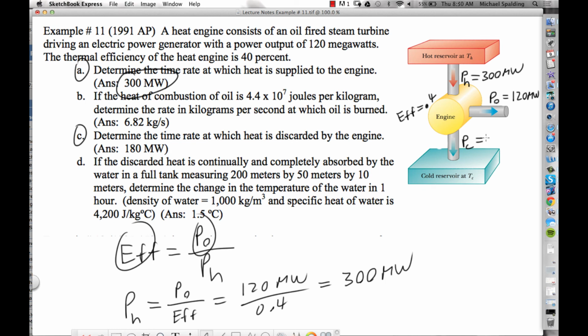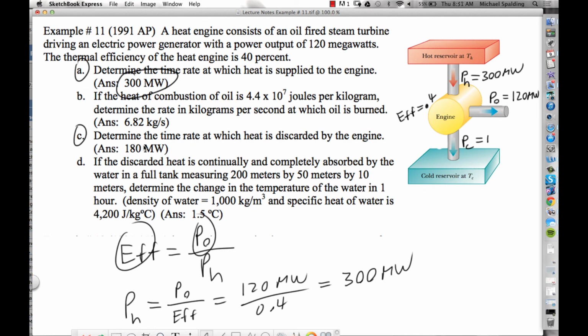It's got to be 180. Right? Because if 300 comes in, 120 comes out as work, then the other 180 has to be dumped, right? This must equal these two added together. Okay? So we've answered A and C.